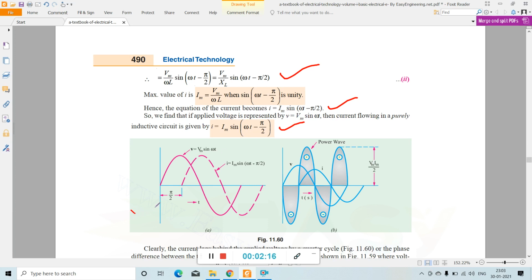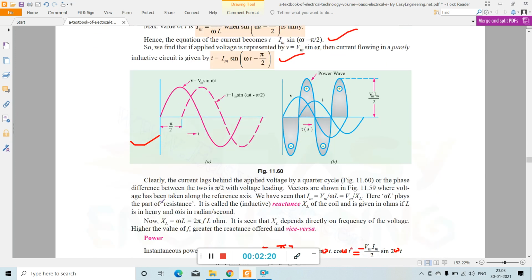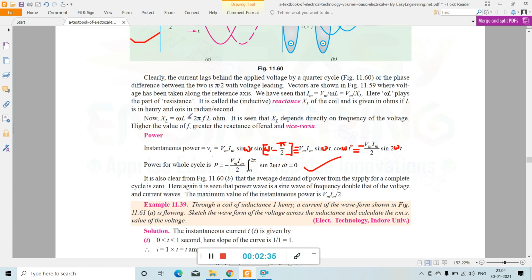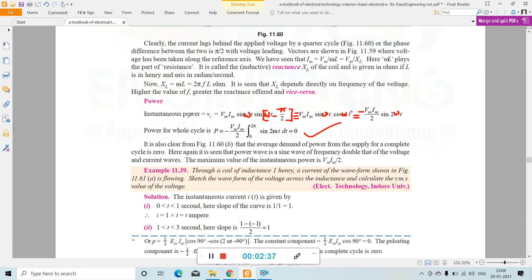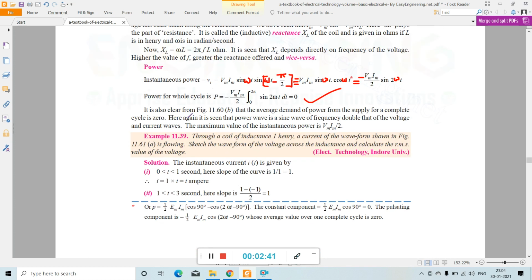So this is the waveform and phasor diagram. Here the voltage waveform starts from this point, and at the same time the current waveform is at this point. So current is lagging the voltage waveform by pi by 2. These are the power expressions, and here the power is 0.